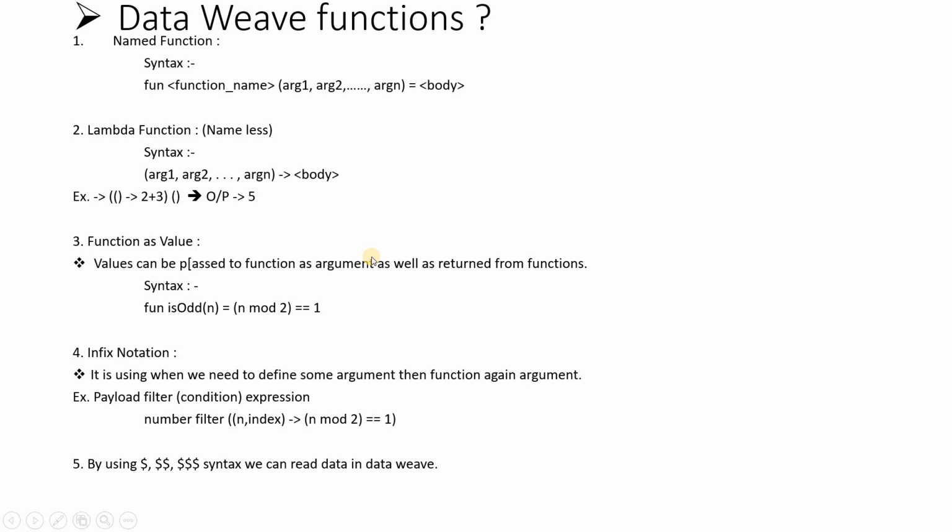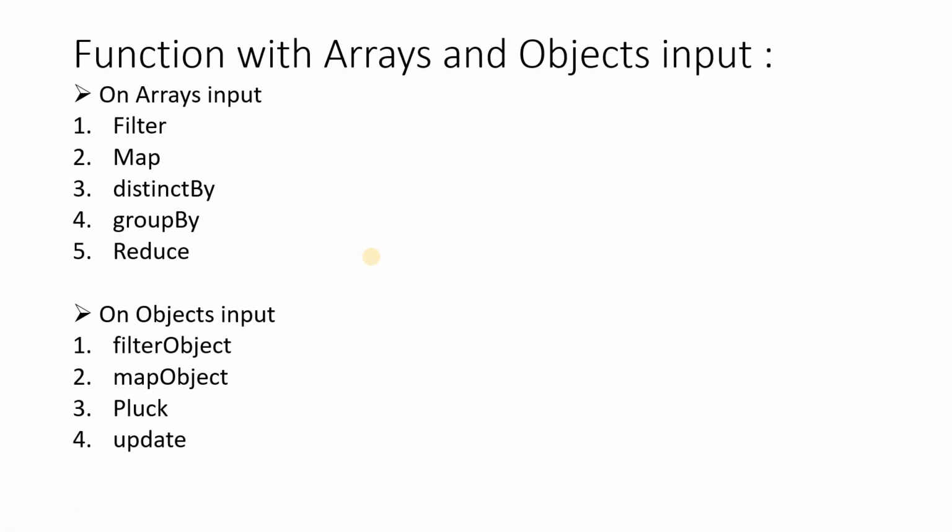For this part I am just going through the theory. And there is another one, functions with arrays and objects. If we have an array as input, then we can use these inbuilt functions to transform the data as per the requirement.